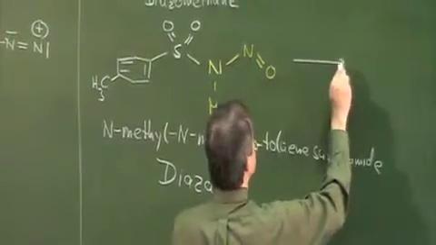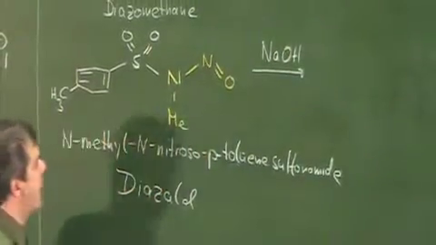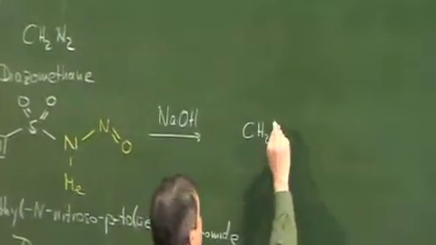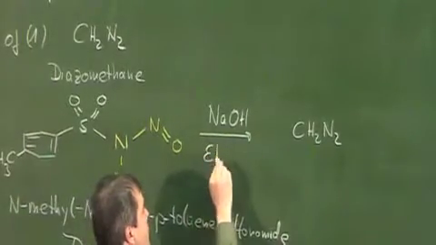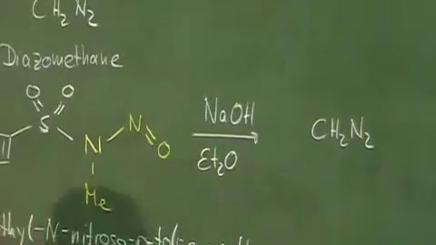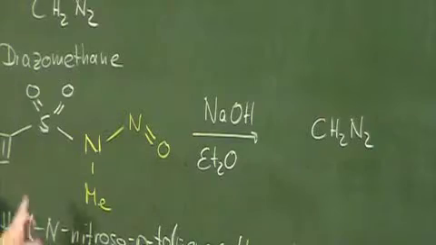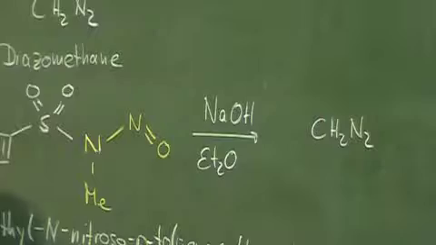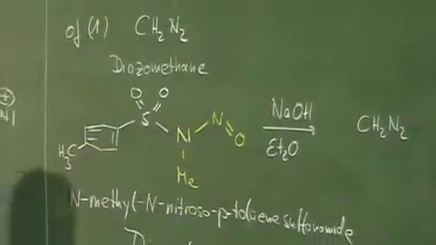And what you have to do is you treat it, or you hydrolyze these compounds, with base, and this way diazomethane is generated. Typically, you have aqueous base, you do this in an organic solvent such as diethyl ether. You have two phases, and as you hydrolyze this compound, the diazomethane will go into the ether phase. It's a yellow compound, so you can also clearly see that it has been formed.